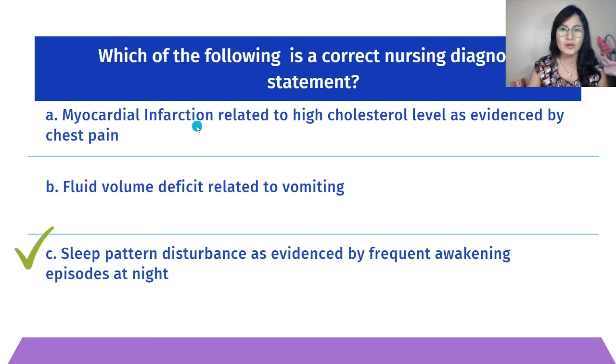As you can notice, why are statements A and B not correct? It is because these are not nursing diagnoses but medical diagnoses, because of the terms myocardial infarction and fluid volume deficit. So there is more information needed to convert this to a nursing diagnosis statement, a problem that a nurse can act on.